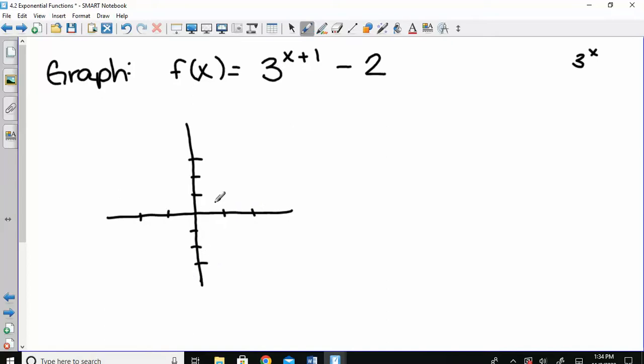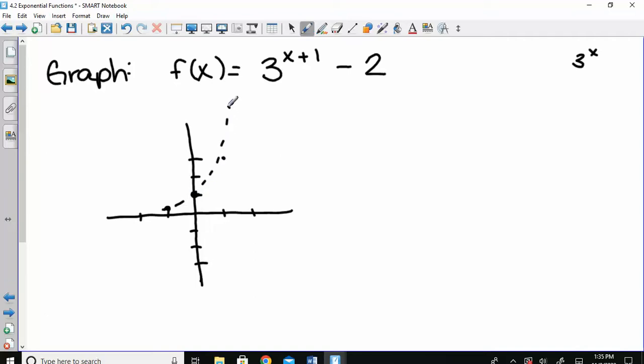All right, what is 3 to the -1 power? 1/3. So -1 gives us 1/3. What's 3 to the 0? 1. And 3 to the first is 3. So it's my parent function.